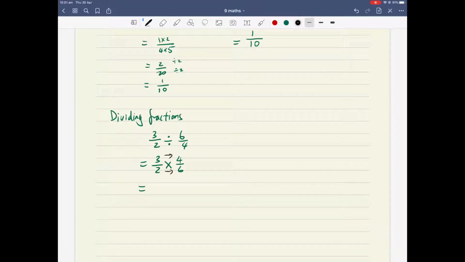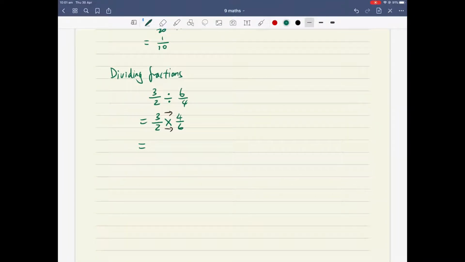So 6 over 4 now becomes 4 over 6. And then you would either multiply across and then simplify, or simplify first and then multiply across, same thing. So if you multiply across, you get 12, because 4 times 3 is 12, and on the bottom 2 times 6 is also 12. 12 over 12 is just 1, because 12 divided by 12 is 1.